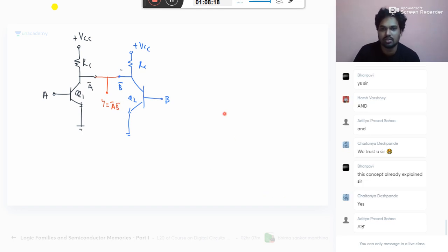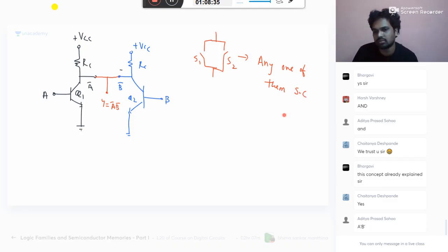Suppose you have a switch S1, another switch S2. Can I say any one of them short circuit? If both are short circuit, short circuit. If the first one is short circuit, parallel, zero parallel with anything is zero.